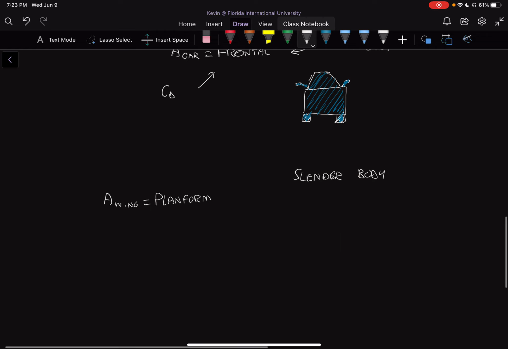And this planform area is going to be calculated as follows. If we have a very simple wing like this, it's going to be the chord length, which is our length from the front to the back. So the length from here to here is going to be labeled C, okay? And it's a straight line from the leading edge to the trailing edge. And it's going to be multiplied by the width of the wing.